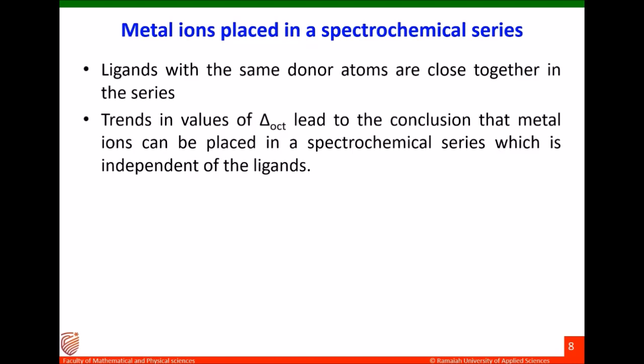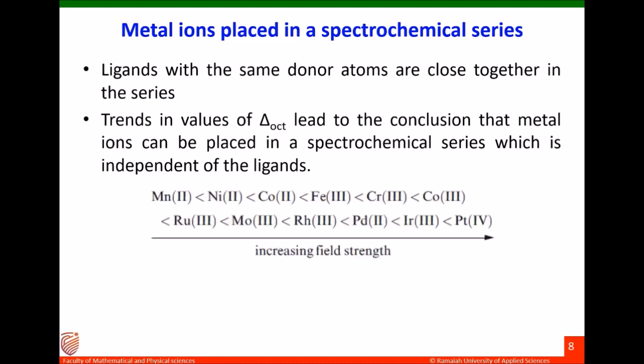The metal ion also influences the ligand strength, and irrespective of the nature of the ligand, the crystal field strength increases for the metal ions in this order: manganese 2+, nickel 2+, cobalt 2+, iron 3+, chromium 3+. You can see that in this order the field strength of the coordination complexes involving these metal ions increases, irrespective of the nature of the ligands.